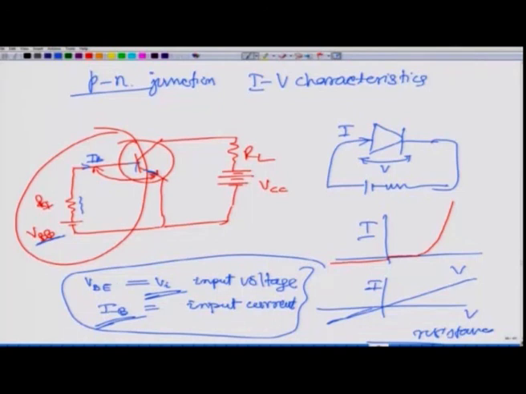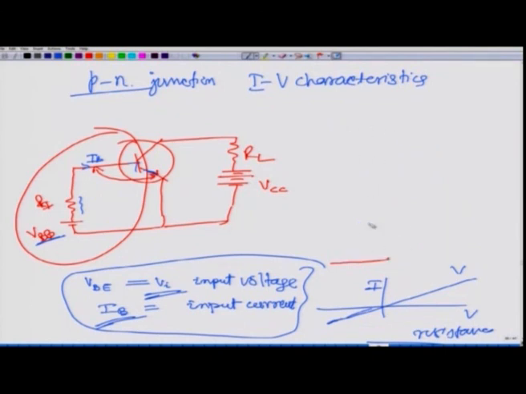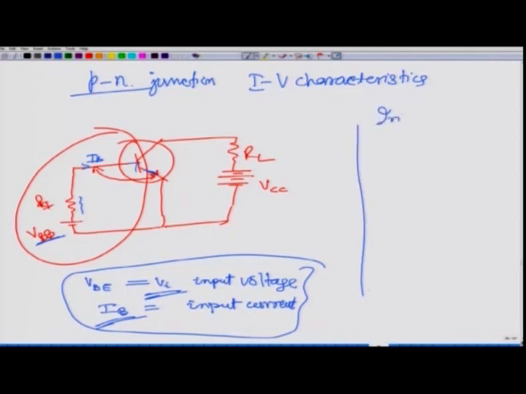That is known as input characteristics, which is IB and VBE.